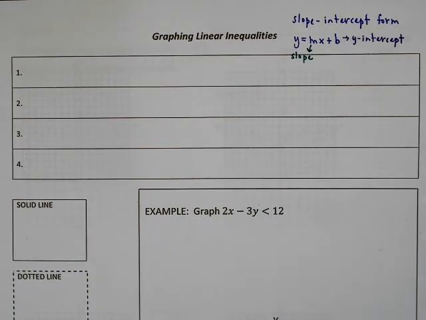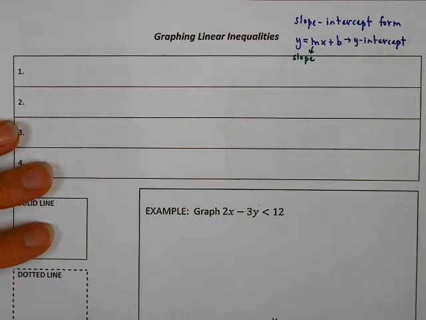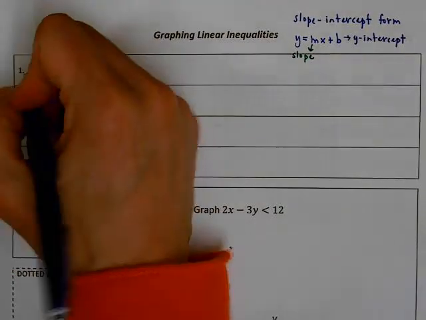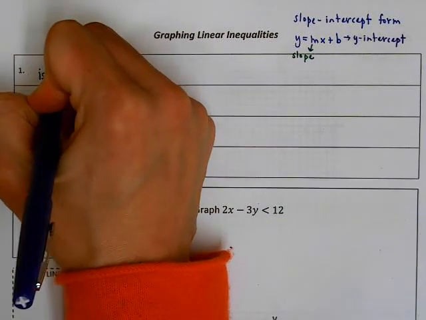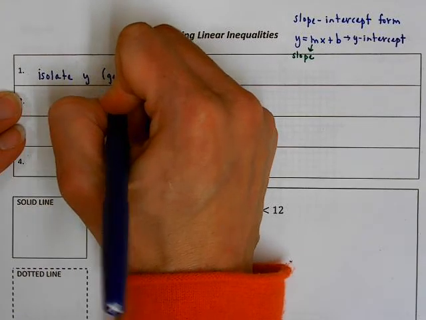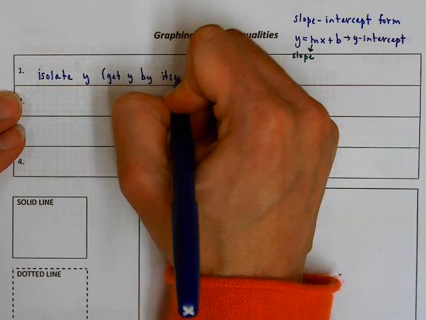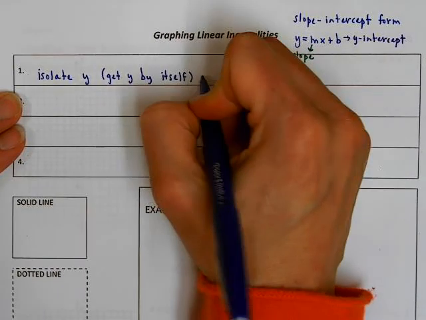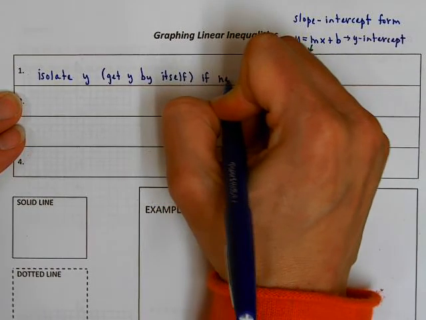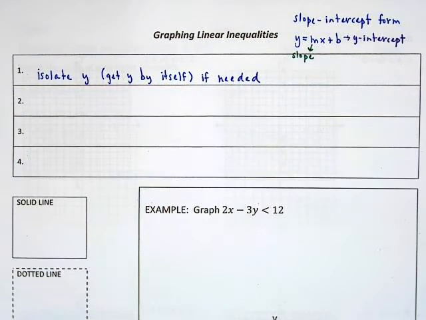So our first job, just like when we were graphing in slope-intercept form, is always going to be to isolate y. By that I mean get y by itself if needed. So sometimes y is already going to be by itself, and sometimes we'll have to do the work to get it by itself.